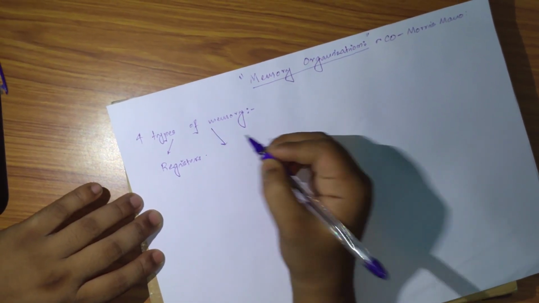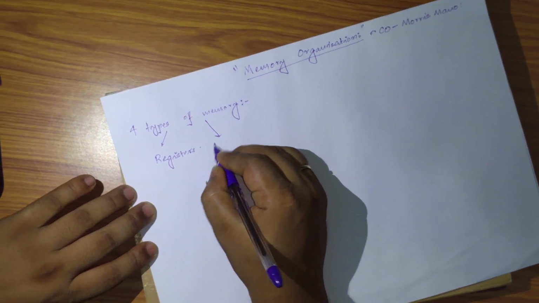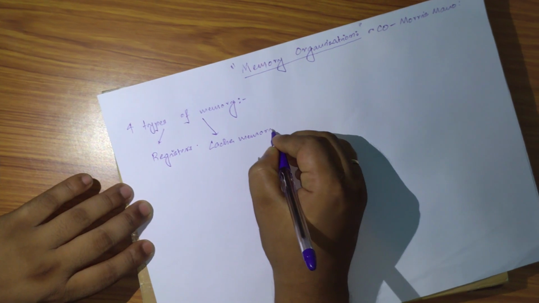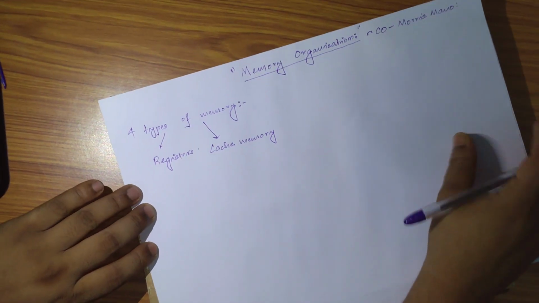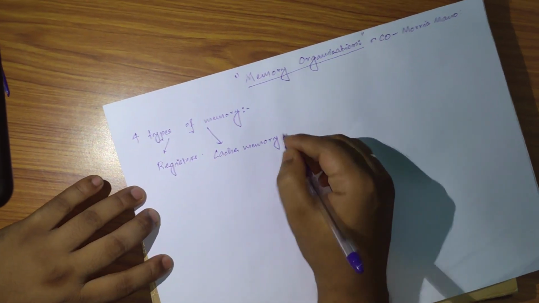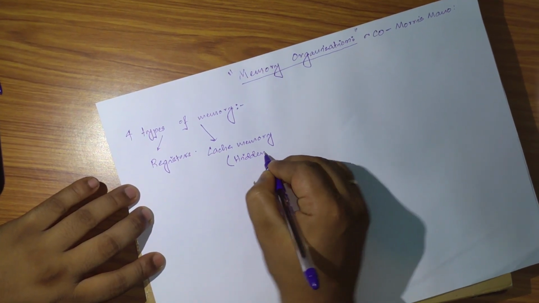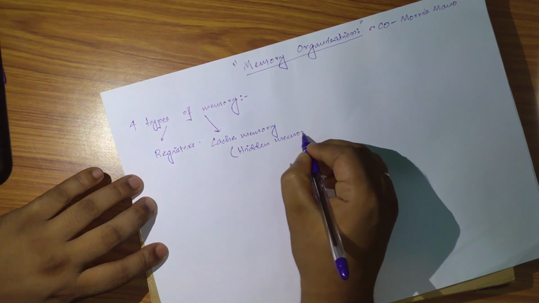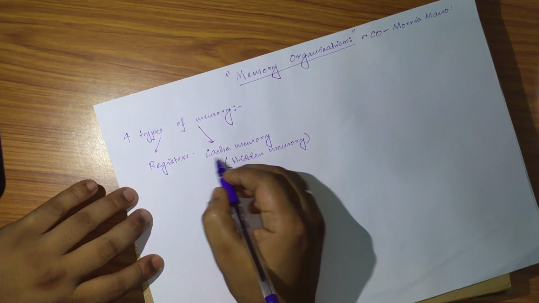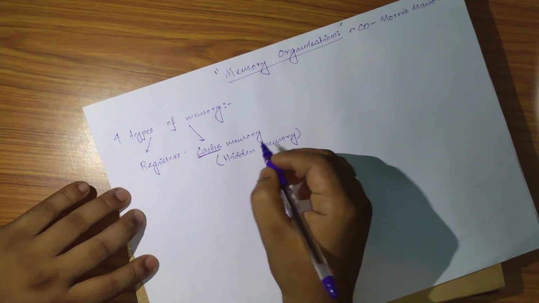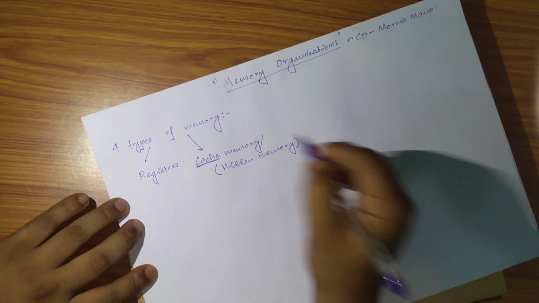The second one is called the cache memory. Cache memory is a very high speed memory, and it is sometimes also called hidden memory. The reason for it I will tell you later. Actually, cache only means hidden, so the name hidden memory is also given.